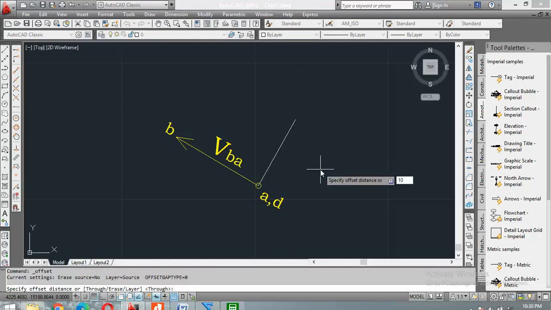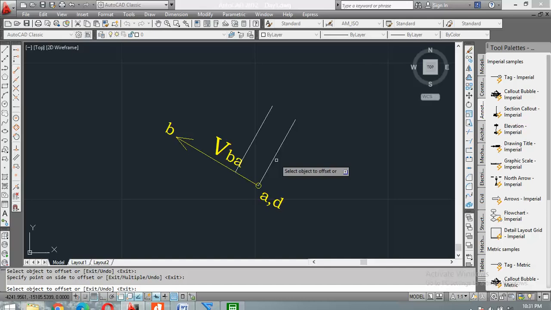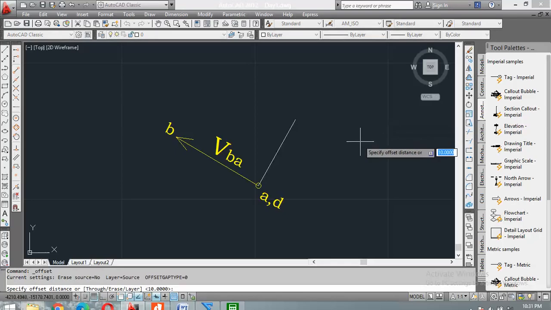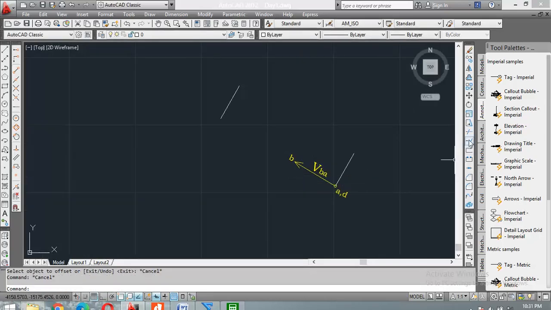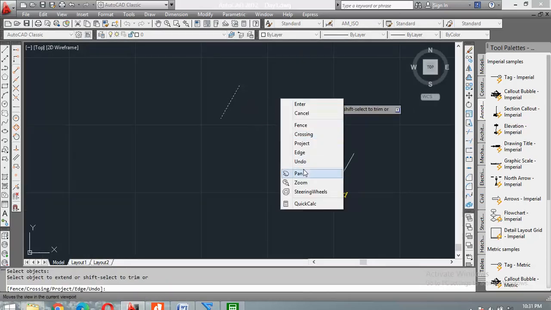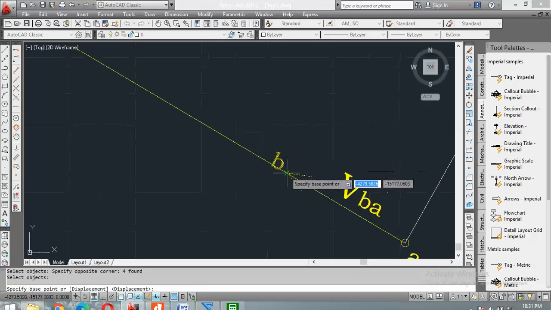So I am extending the length up to 10 centimeter. So let me move this B point up to here.